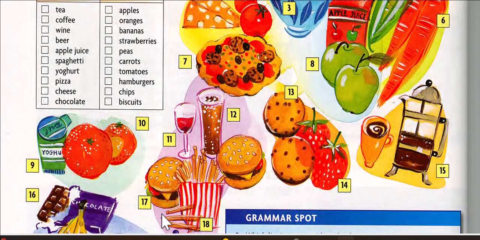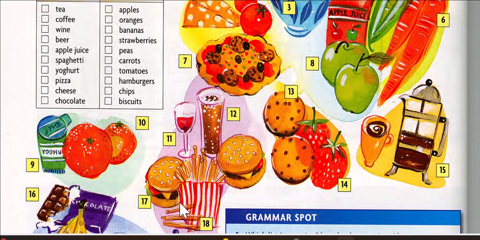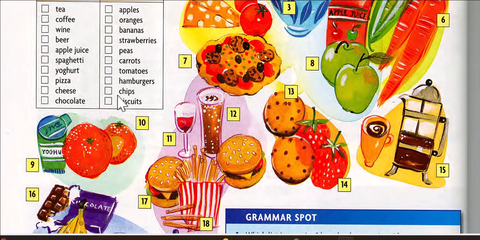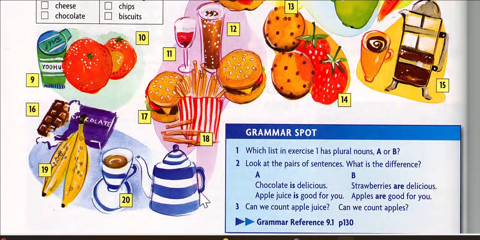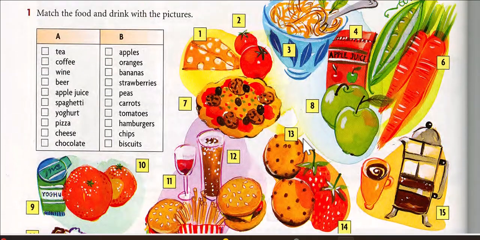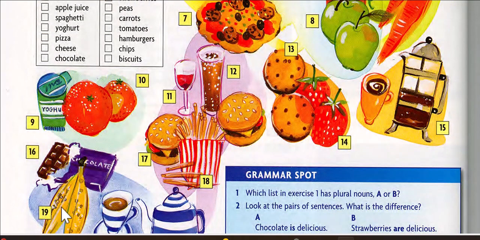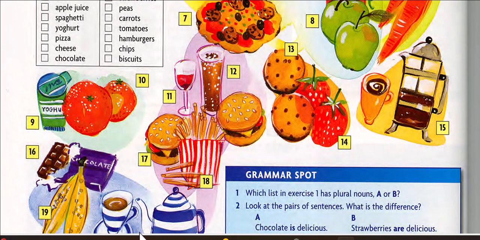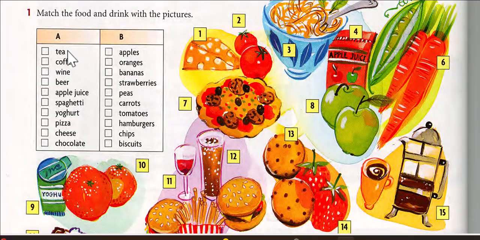And then number 18, chips. And then number 19, bananas. And then number 20 is tea. That is the first one in list A.